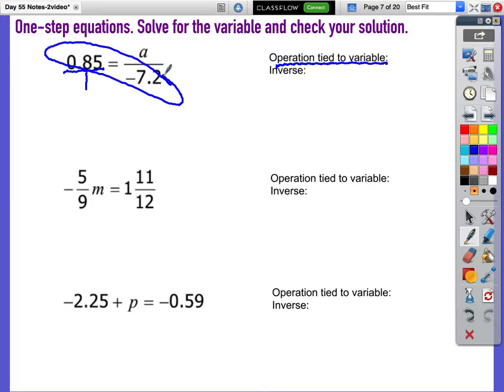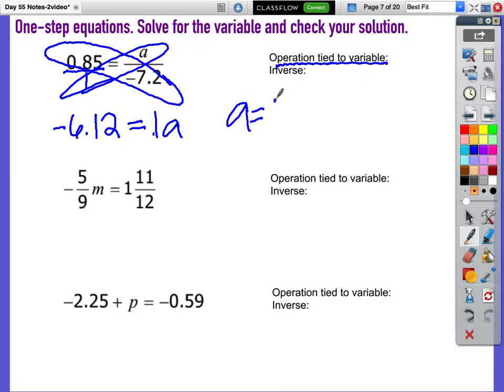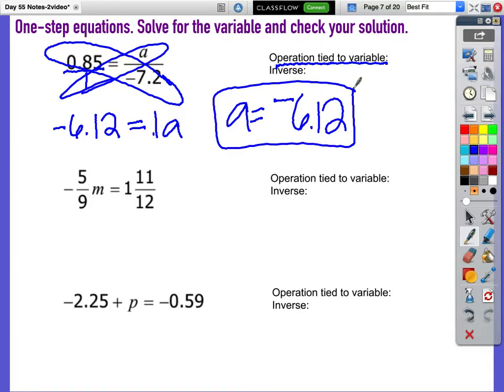All right, so at this point, we say 0.85 times negative 7.2, and you get negative 6.12. And if you say A times 1, you get 1A. Now, 1A and A are the same thing, so my final answer is A equals negative 6.12, or negative 6 1200ths.